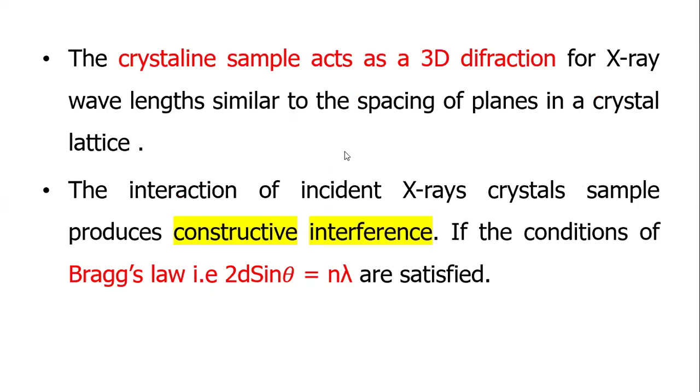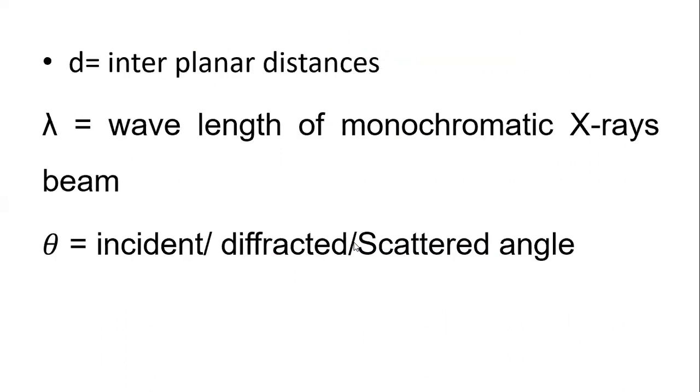The interaction of incident X-rays with the crystal sample produces constructive interference if the conditions of Bragg's law, that is 2d sin theta equals n lambda, are satisfied, where d is the interplanar distance, lambda is the wavelength of the monochromatic X-ray beam, and theta is the incident diffracted scattering angle.